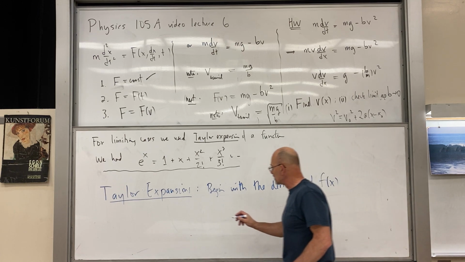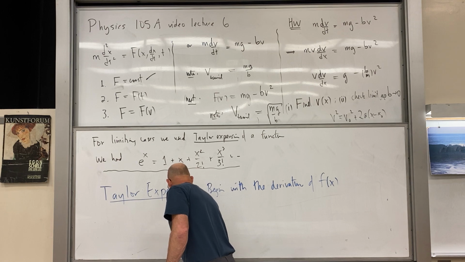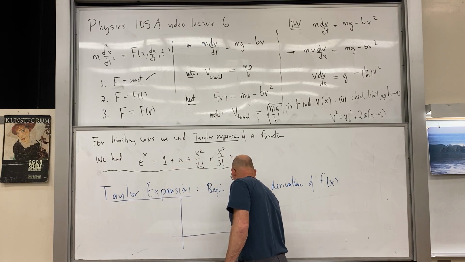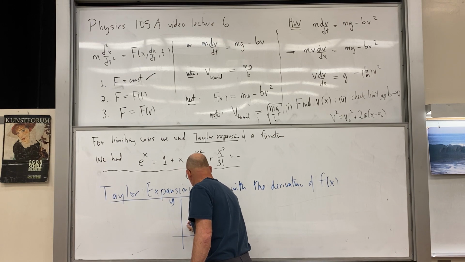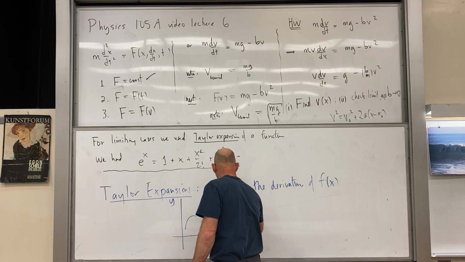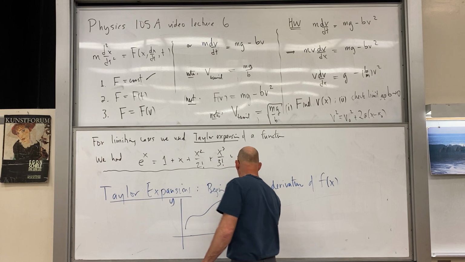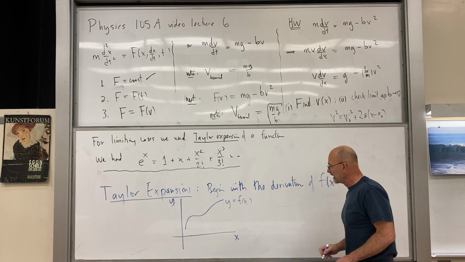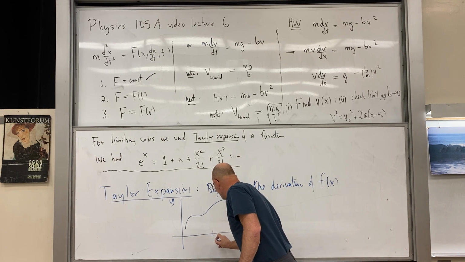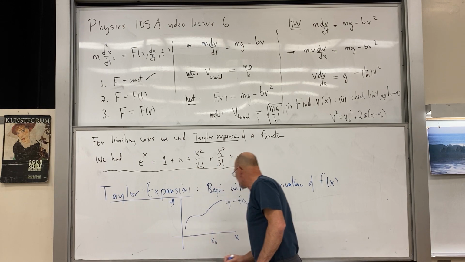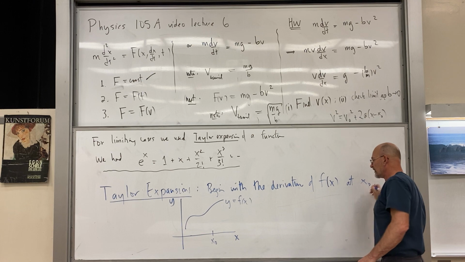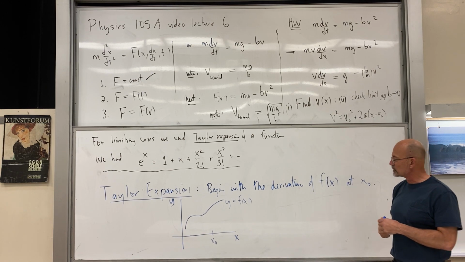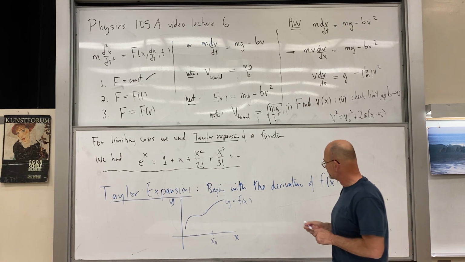So I will draw some nice generic x, y. I've got some y equals f of x curve, and at some point here, x0, I'm just going to write down the definition of the derivative. Okay.